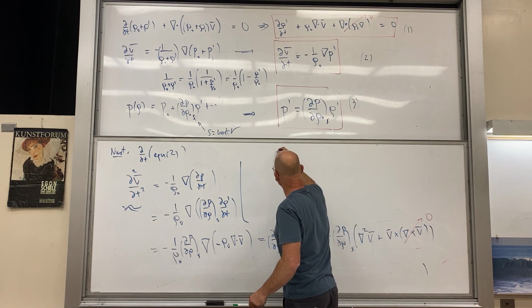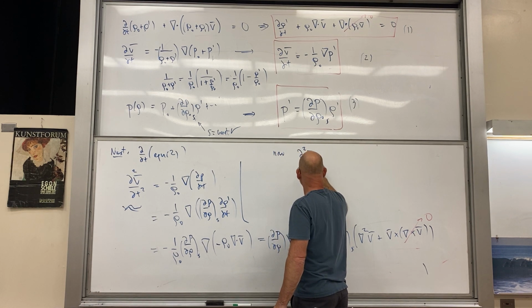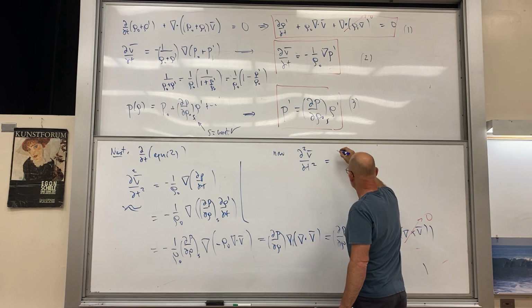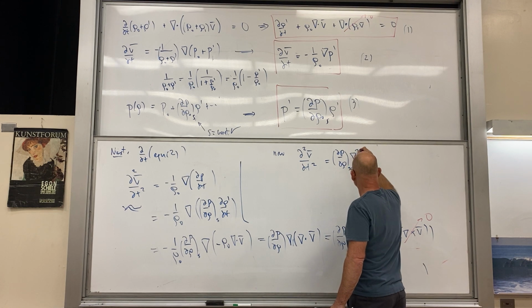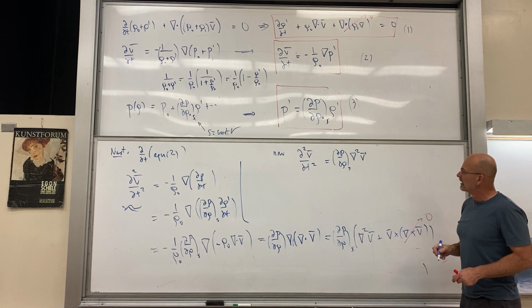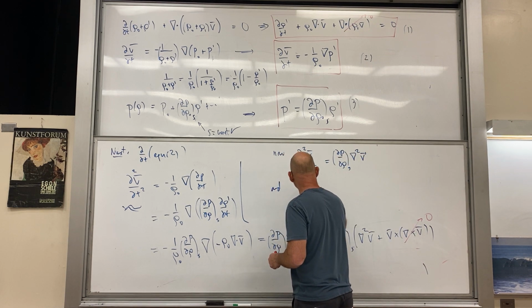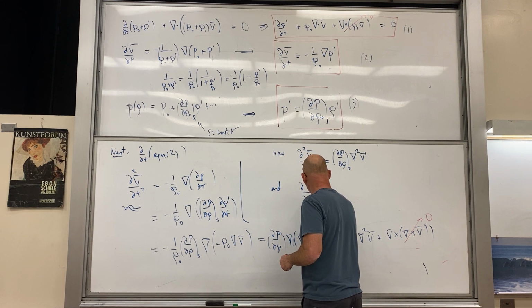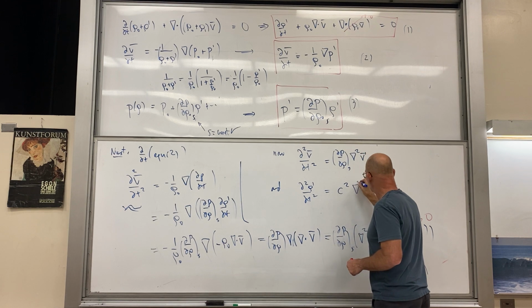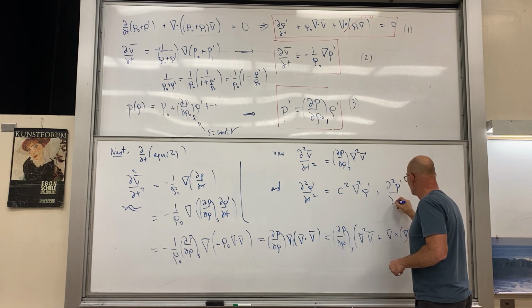So we have now dp d rho at constant s del squared v, and the same thing for d squared rho prime dt squared and d squared p prime dt squared.